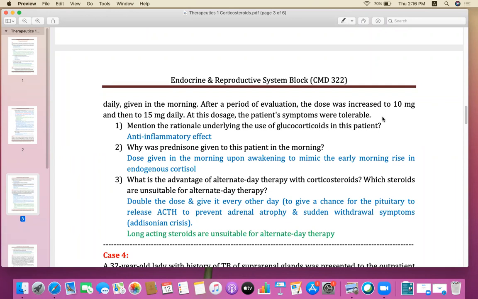Remember, double the dose and give it every other day, to give the chance for the pituitary to release adrenocorticotropic hormone and to prevent the adrenal atrophy and sudden withdrawal symptoms, which is called Addisonian crisis. So that's why alternate day therapy is good.